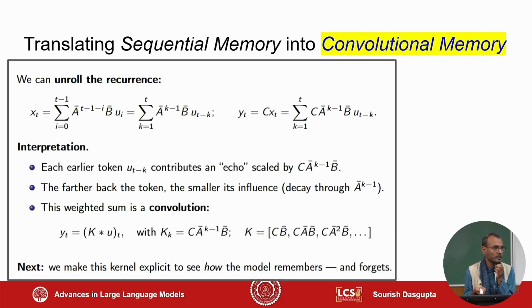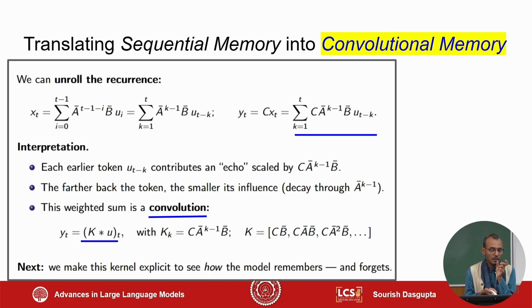Now you can bring the C inside the summation, which is what you are seeing over there. So you get C A bar^(k-1) B bar u_(t-k). This summation is called the convolution.